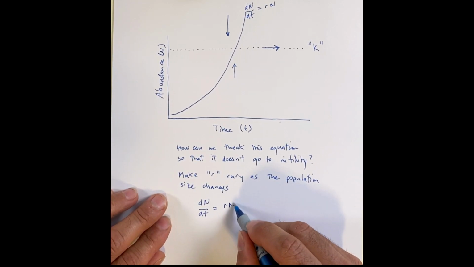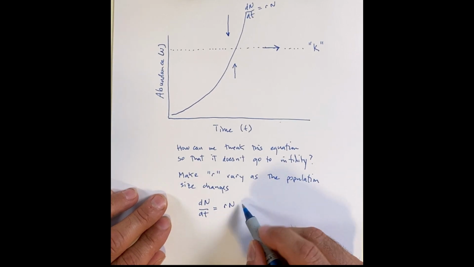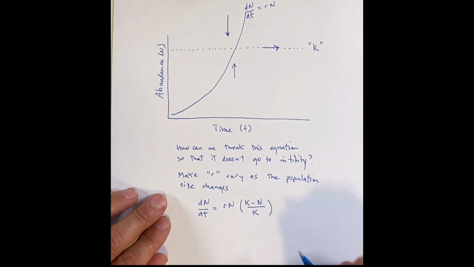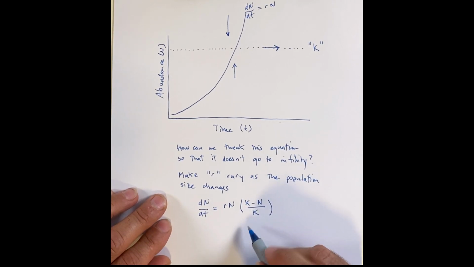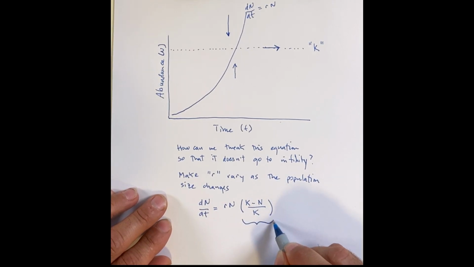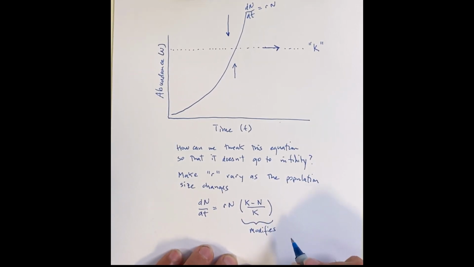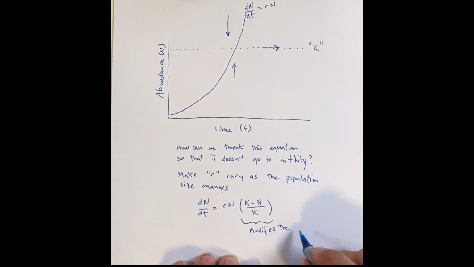So here's one very simple modification that people have made to this equation, which is by adding this little control term, the (K minus N) over K. And we're going to explore this in a minute, but this is the control term right here, that basically modifies the potential for growth. You can think of it as a number that goes between 0 and 1, and it tells you whether the population is growing very little or near its maximum potential.